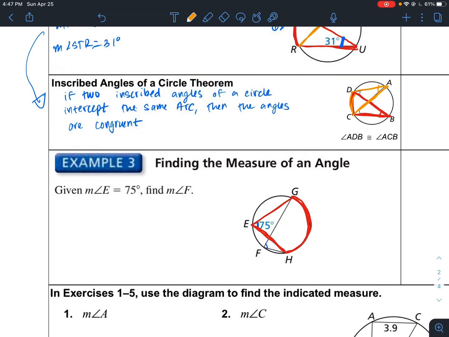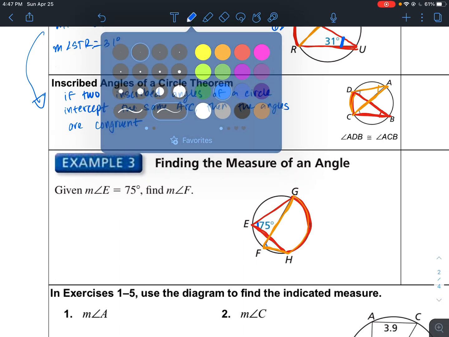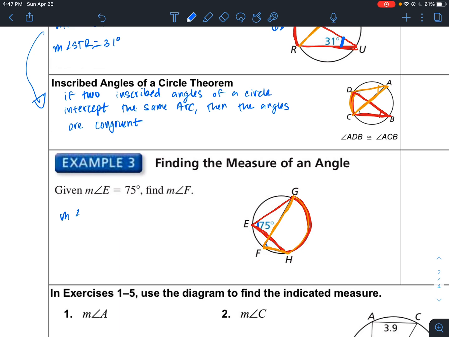And I can also see that angle F shares that same intercepted arc. So that means that the measure of angle E is equal to the measure of angle F. The measure of angle E is 75 degrees, so the measure of angle F is equal to 75 degrees. Pretty straightforward.